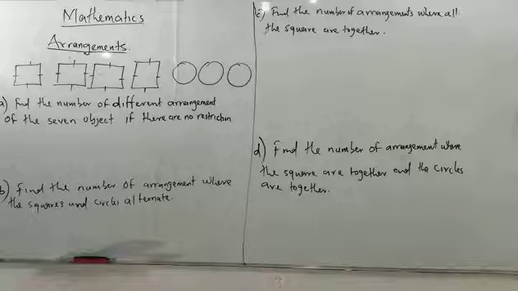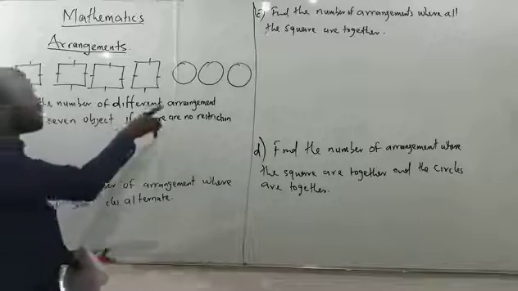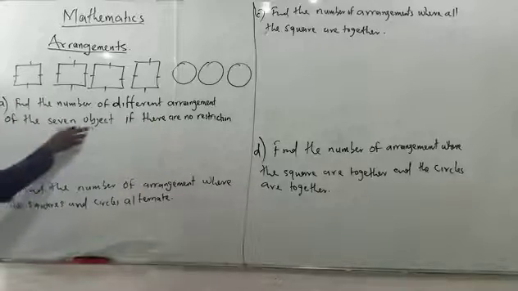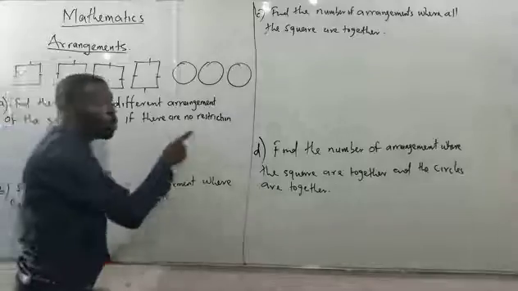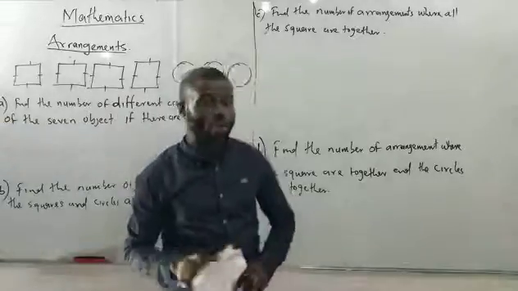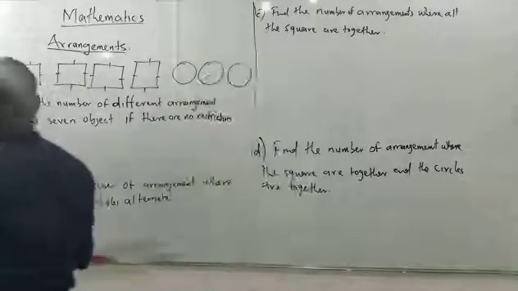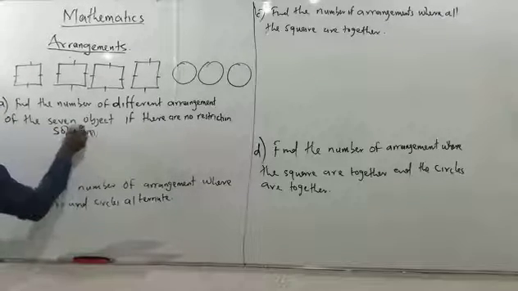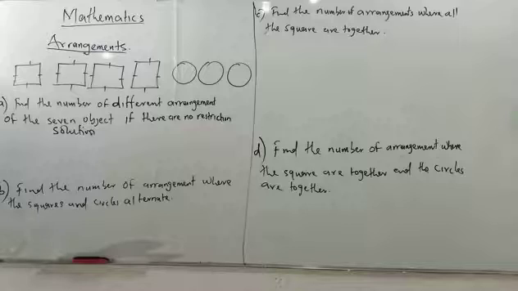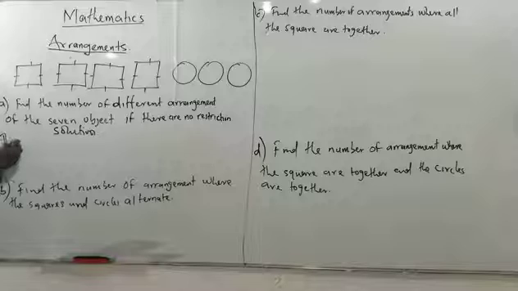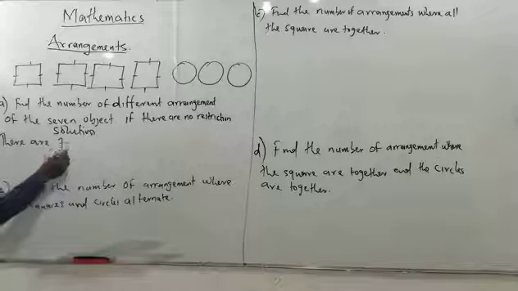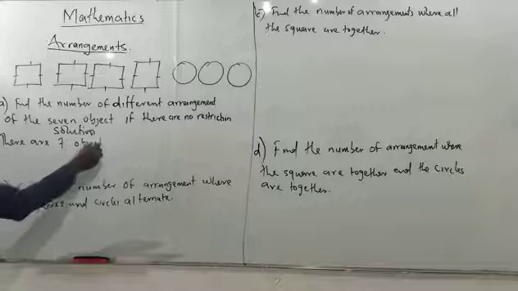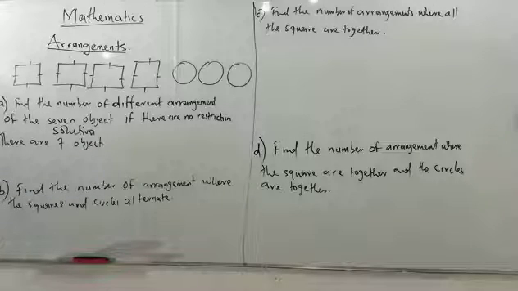Now, the first question that is being asked is find the number of different arrangements of the 7 objects if there are no restrictions. Solution. If there are no restrictions, what you just need to do is look at these items. There are 7 objects.